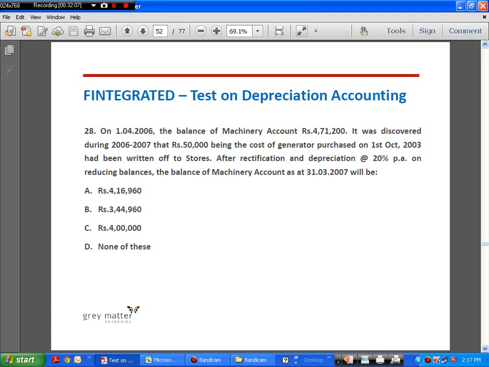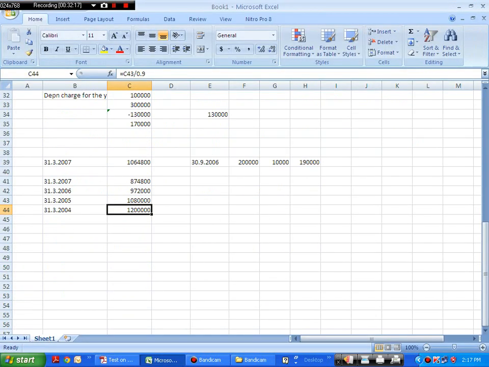So first let us find out what will be the WDV of the generator as at 31/3/2007 to be included along with the WDV of the other machinery. Okay, so this generator, which was purchased on 1st October 2003 for 50,000 rupees.